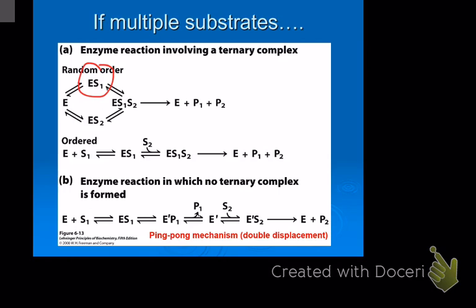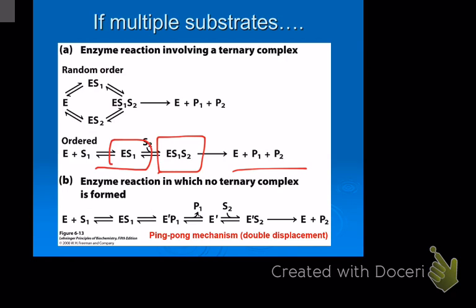You can bind substrate 1 or substrate 2 first to make the ternary complex, and then you get release of your products. Or it can be ordered, where you must bind one substrate before the second substrate, but you still have that ternary complex, and then you get your product or products.